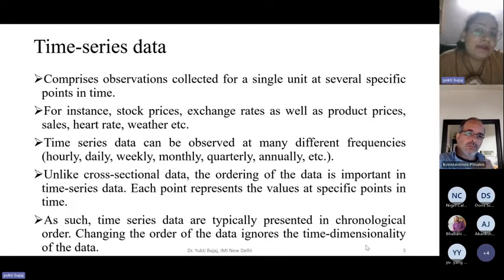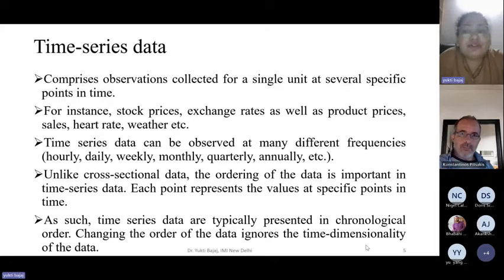For example, if I want to check how a particular stock, say Walmart or Microsoft, is performing over, say, the past 10 to 15 years, or the past 12 months. So likewise, here I have one unit, which is Microsoft, and I have data on the basis of multiple time periods.